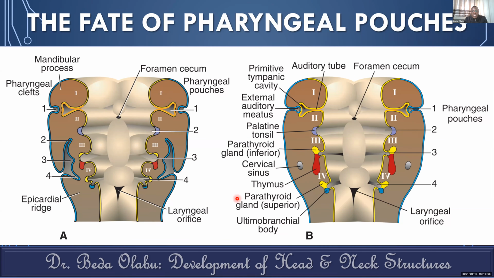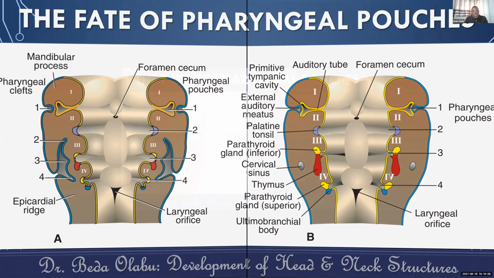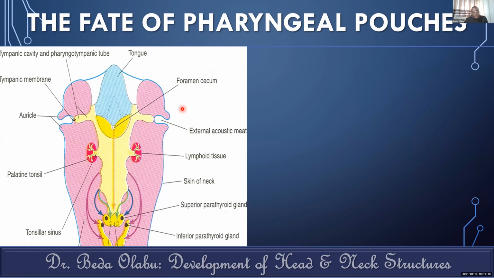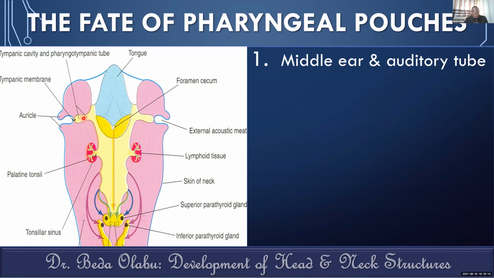Now let's talk about the derivatives of each of the pharyngeal pouches. So the first pharyngeal pouch, that is the pouch between the first arc and the second arc, grows towards the first pharyngeal cleft. It contributes to formation of the auditory tube, which means the eustachian tube.